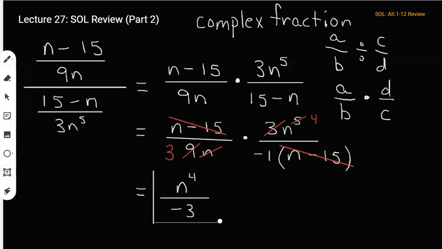And since I can't do anything more to it, I'm going to draw a box around it because this is going to be my final answer. So n to the 4th power over negative 3. And this was number 13.